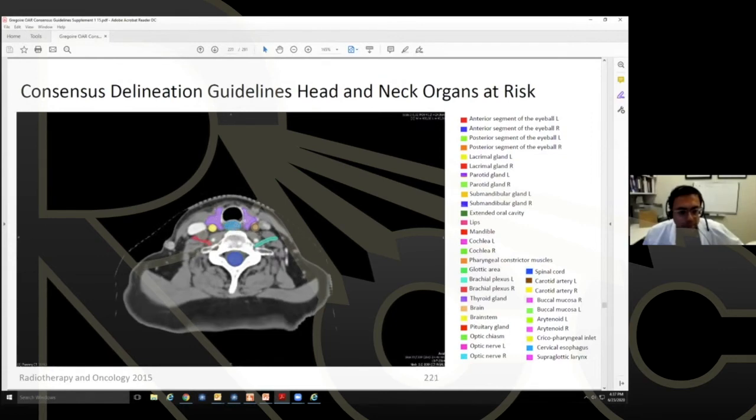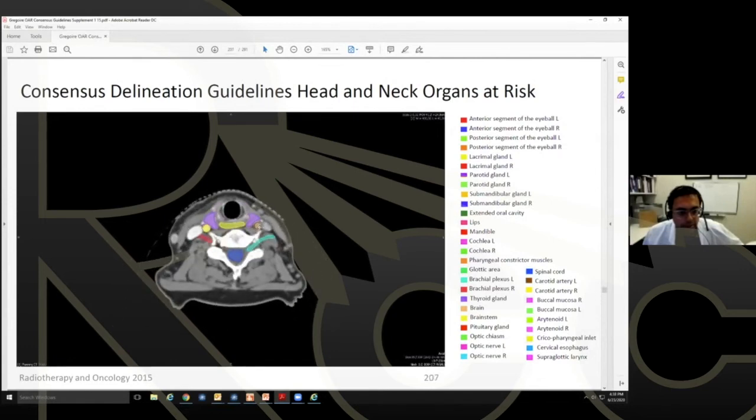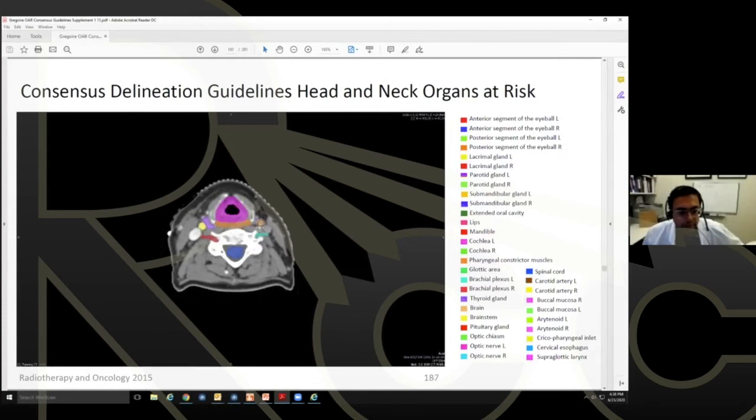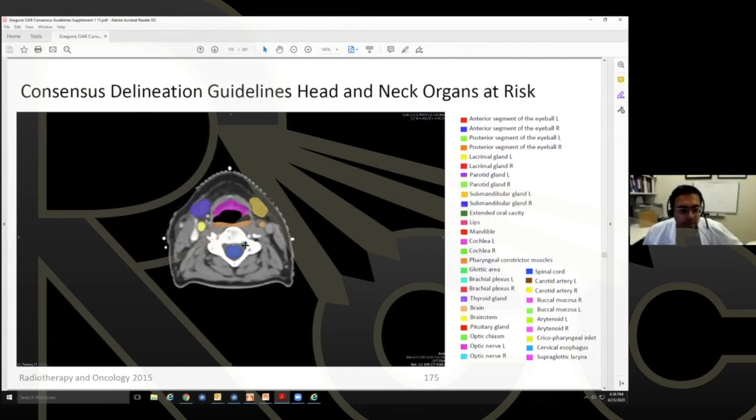The thyroid is easily identified flanking the trachea here and the inferior aspect of the larynx. Now let's look at the brachial plexus. If we go all the way up, come slowly down here.